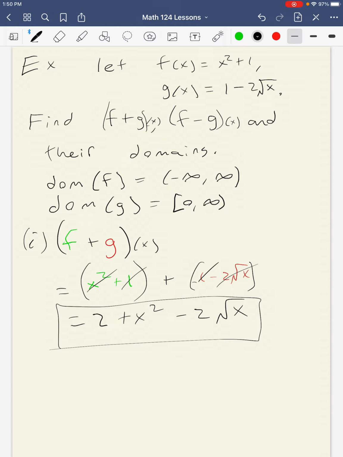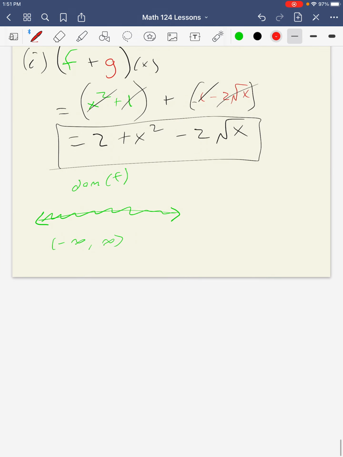Now let's deal with the domain. Now I said earlier the domain was the overlap of the two original domains, so we find the overlap here. When you're starting this out, it may help to draw a picture. So here's the domain of f. I'll do that in green. There's the domain of f, all numbers from minus infinity to infinity. The domain of g, which I will write underneath, was from 0 off to infinity, right?